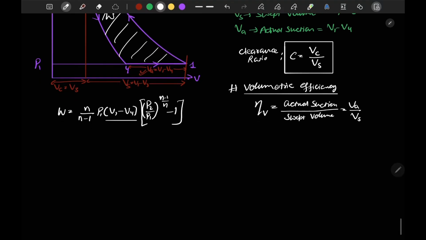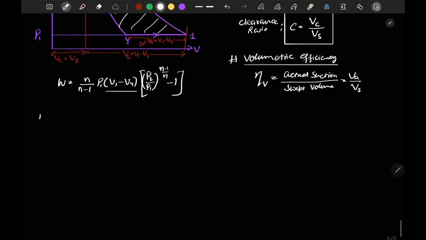Now if we derive it, eta V is given as Va upon Vs. We know Va is equal to V1 minus V4, and Vs is V1 minus V3. Now we add and subtract V3 in the numerator.